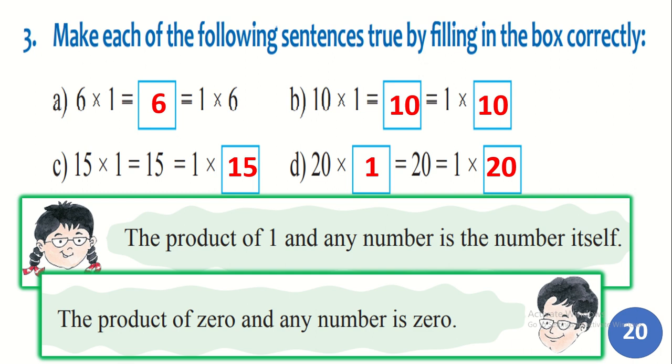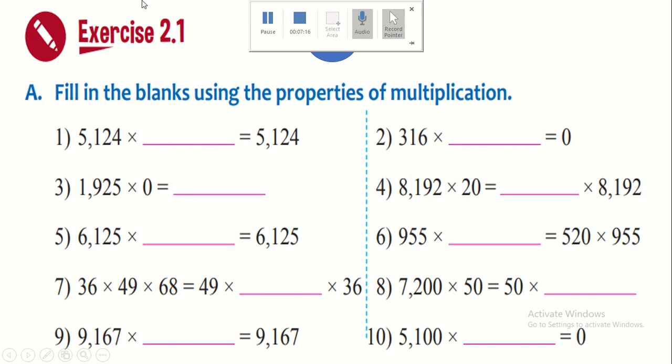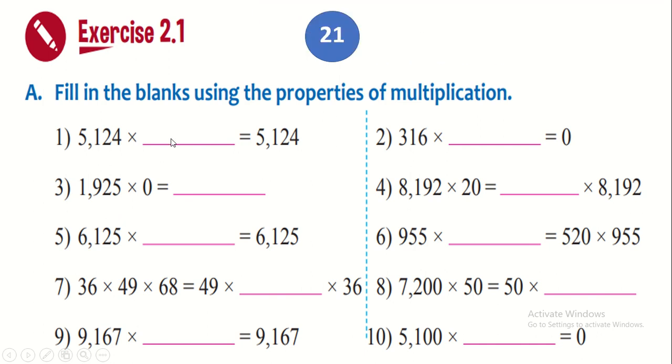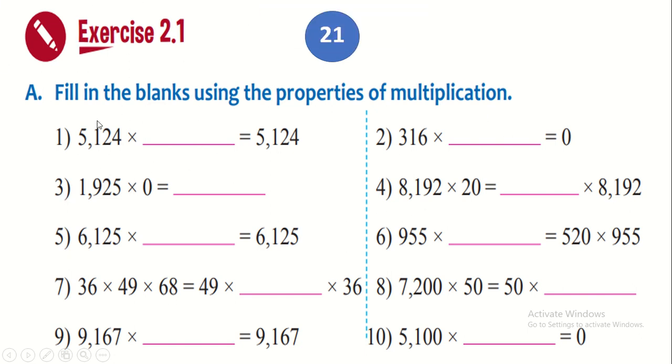Correct, students? Okay. Now let's try to answer your exercise 2.1. Fill in the blanks using the properties of multiplication. First we solve and review the properties. Number 1. 5,124 times what number is equals to 5,124?